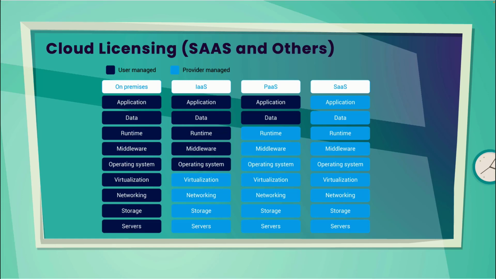Meanwhile, the light blue or the baby blue are the ones that lie under the responsibility of the service provider. So under the IaaS, for example, the service provider will be responsible for the virtualization, networking, storage, and servers. If you are taking a SaaS or software as a service application, you will not be responsible for anything. Actually, you will just use the service provided by the SaaS vendor.